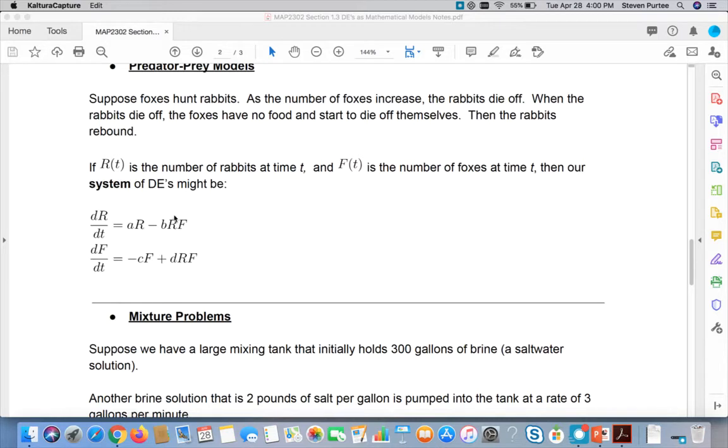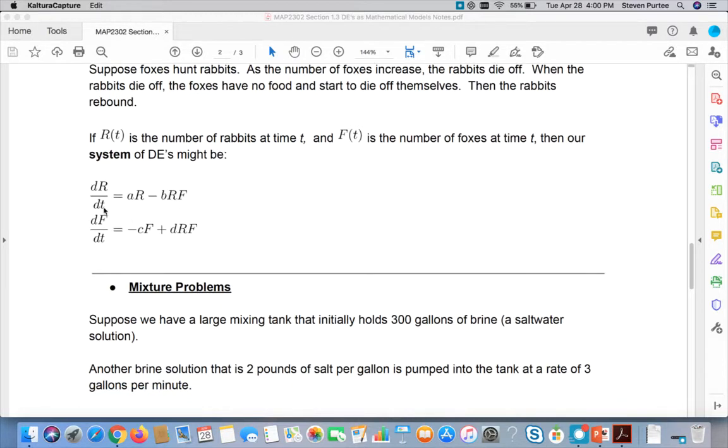Also, there's a little bit of inverse proportionality here to the number of rabbits. So rabbits are breeding, but if you get too many rabbits, they're going to eat all the food up. So the rate of change of rabbits is inversely proportional to the product of rabbits and foxes.